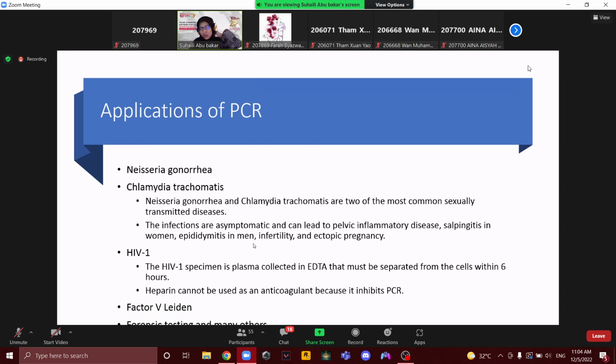Okay, so what we can do is we get the sample from the host individual, and then we try to amplify the bacteria species. This one. And then this also use PCR, forensic testing, and many others.